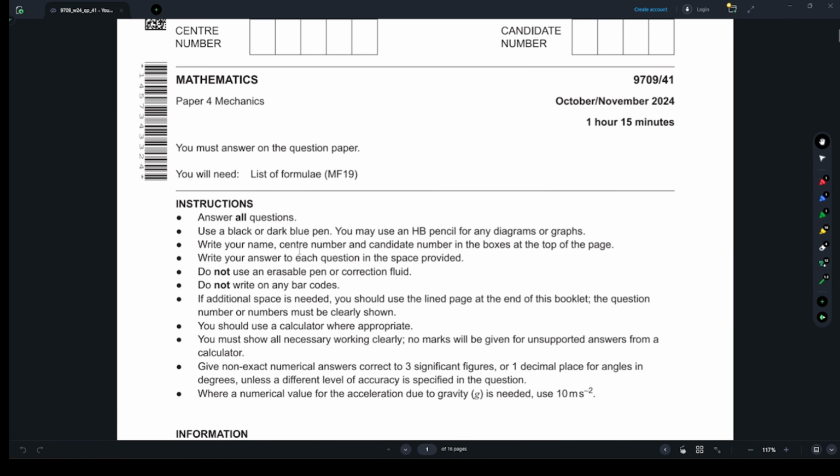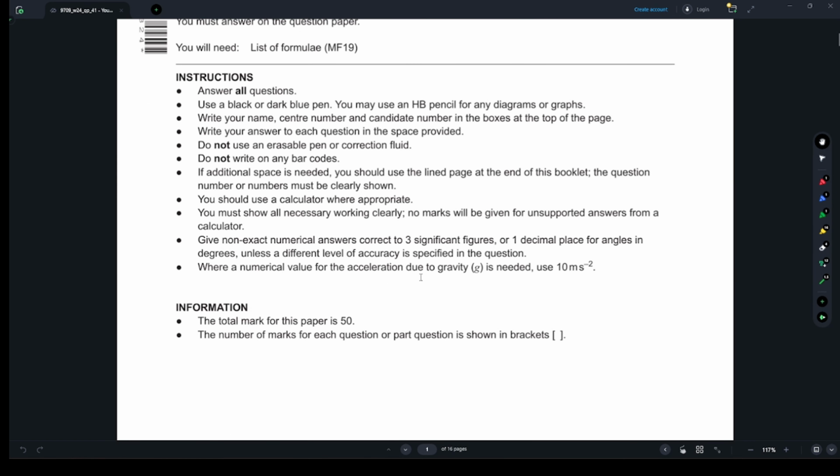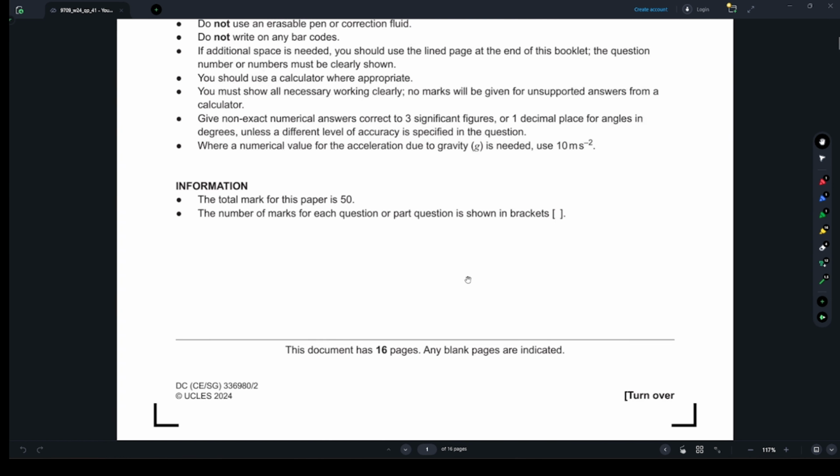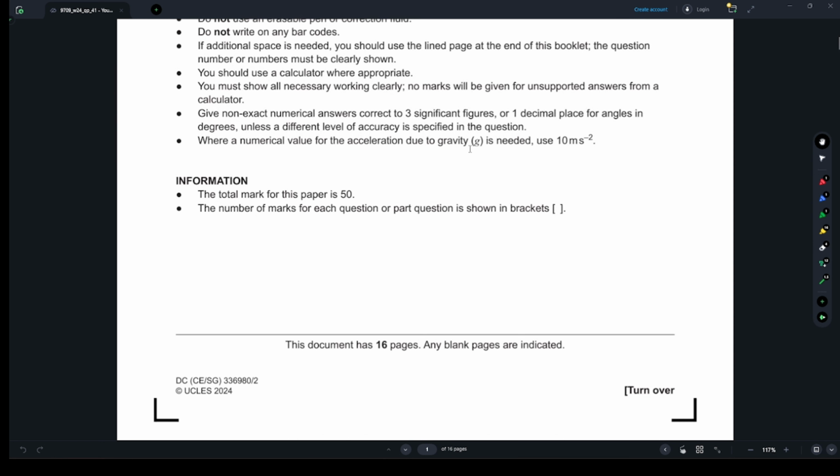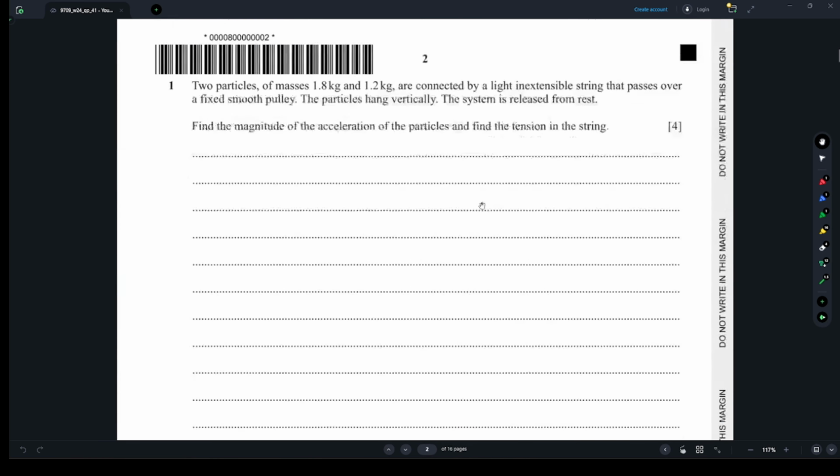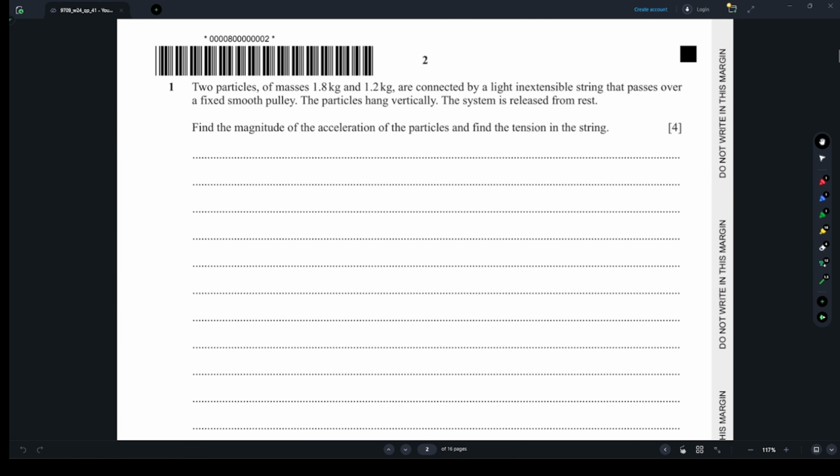There are some instructions that, as you know already, you have to read carefully. Here, you should keep answers to three significant figures, or one decimal place for angles, and for gravity you have to take it as 10 meters per second squared. Okay, so now let's start with the questions.